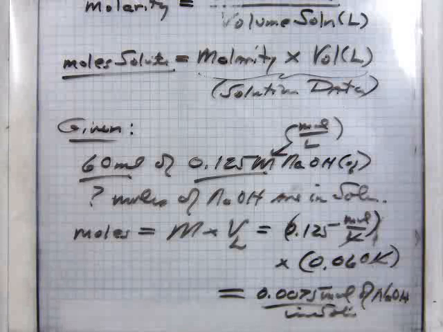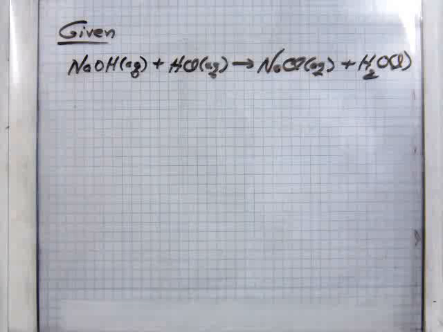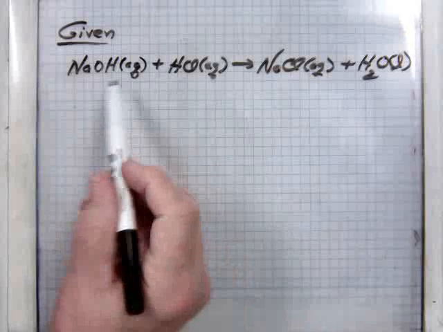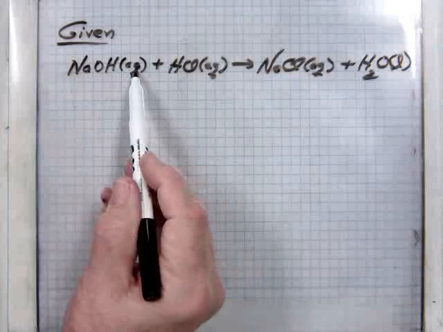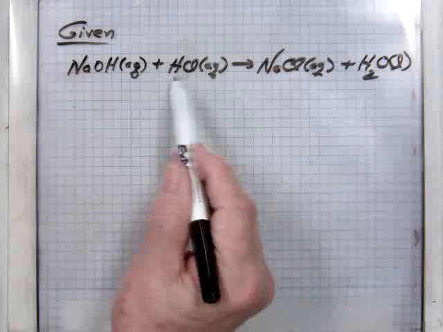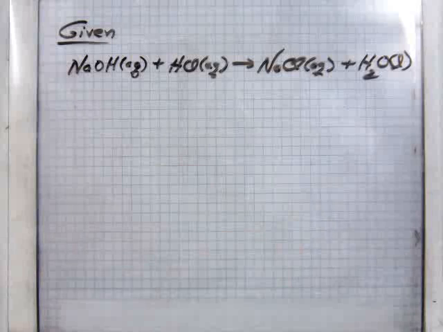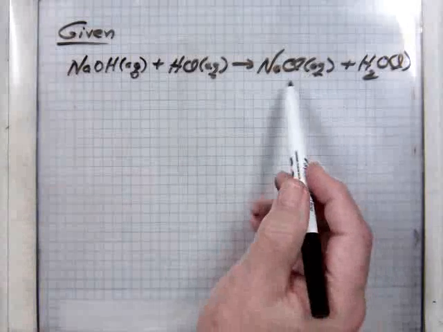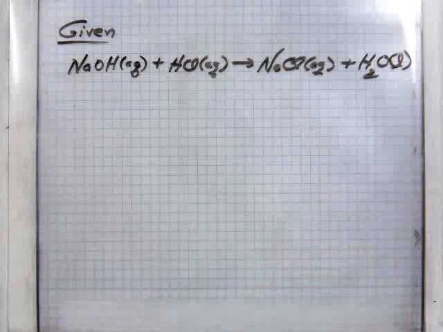Okay, jot that down. What it's showing you is sodium hydroxide aqueous. That means you've got an aqueous solution of sodium hydroxide. You've got an aqueous solution of hydrochloric acid, and you're going to mix those two together. And you're going to make some sodium chloride and water over there.